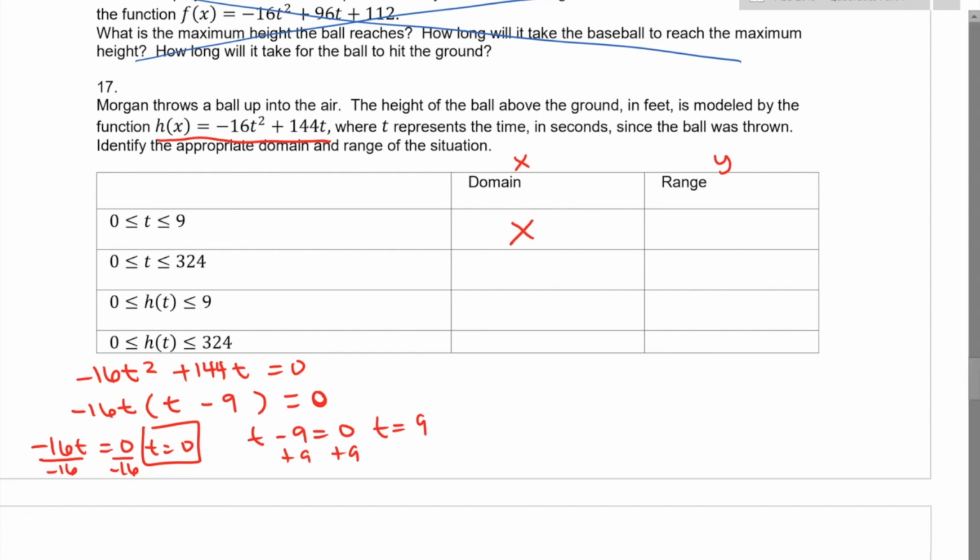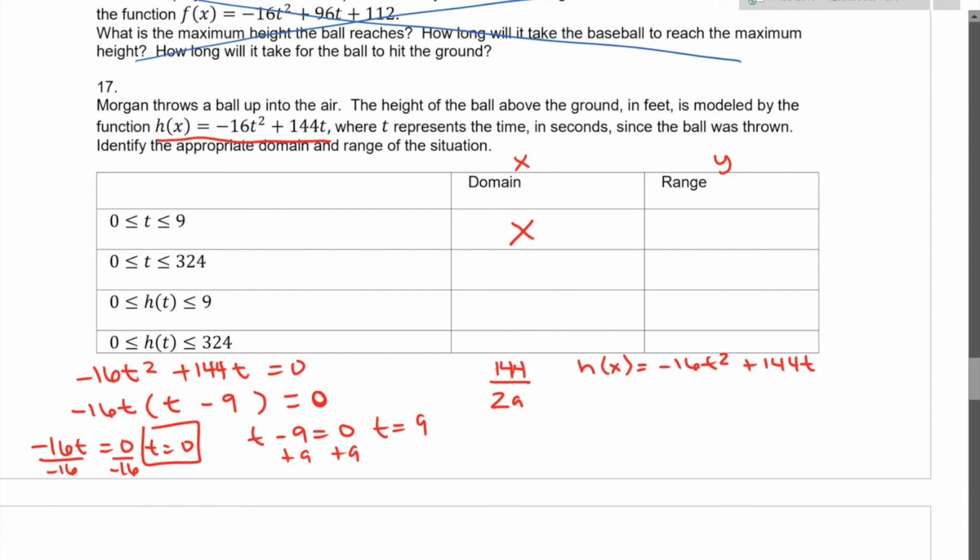Our range is a little bit different. We're going to use that formula b over 2a. Okay, and then we're going to input that number into the equation. So if I look back at my formula, it's h of x equals negative 16t squared plus 144t. So which value is my b? Well, my b value is 144. So I'm going to erase that b and put 144 here.